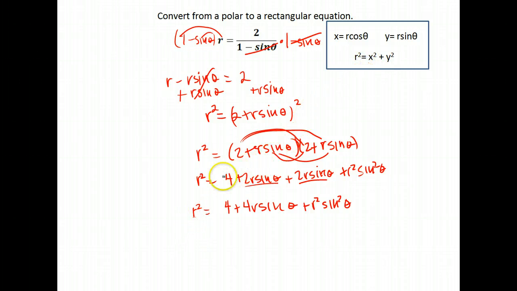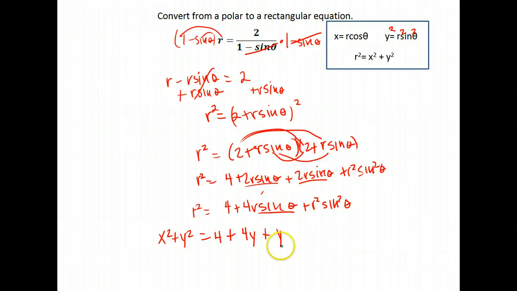We do. R squared is equal to x squared plus y squared. Over here, we have our 4 plus 4r sine theta, remember, r sine theta is equal to y, so we have 4y, plus, and remember, r squared sine squared, as long as they're both squared, that's the same as y squared.